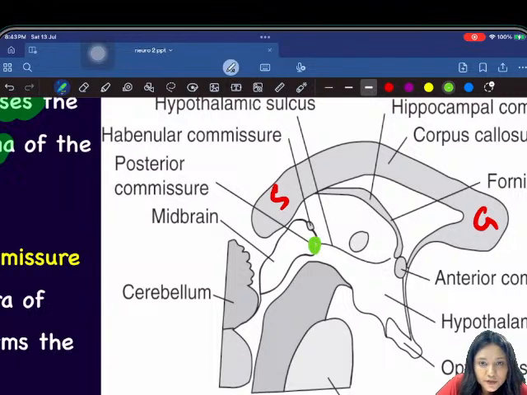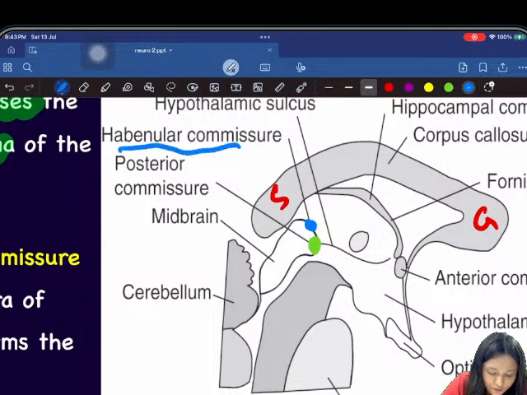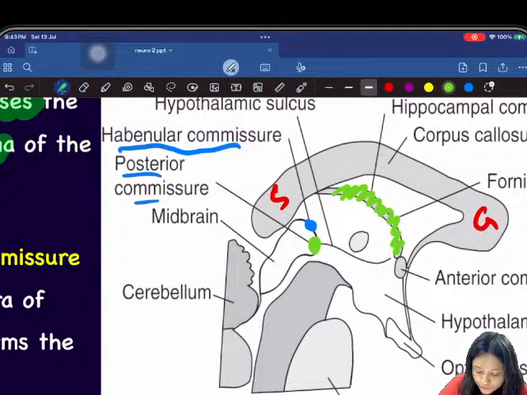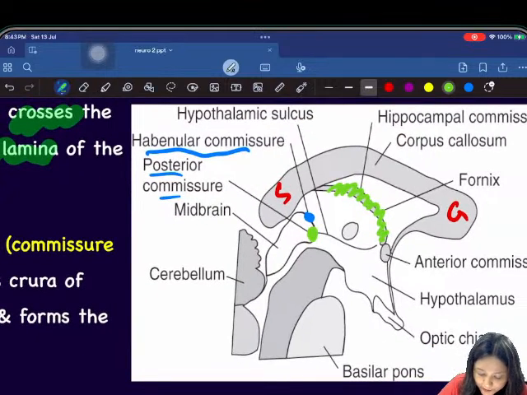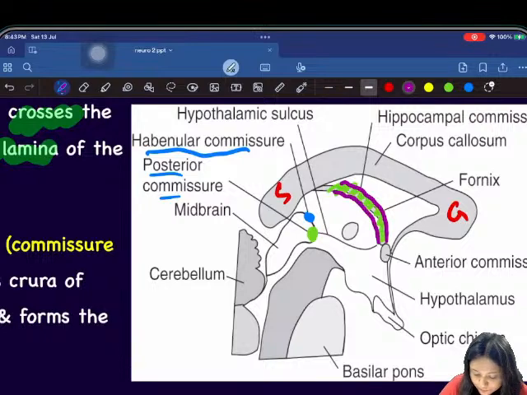Just above it you will have another bulge, that is the habenular commissure. First the posterior commissure comes, and just above it comes the habenular commissure, and then you can also see the hippocampal commissure here. If you trace the anterior commissure backwards, you will get the hippocampal commissure.